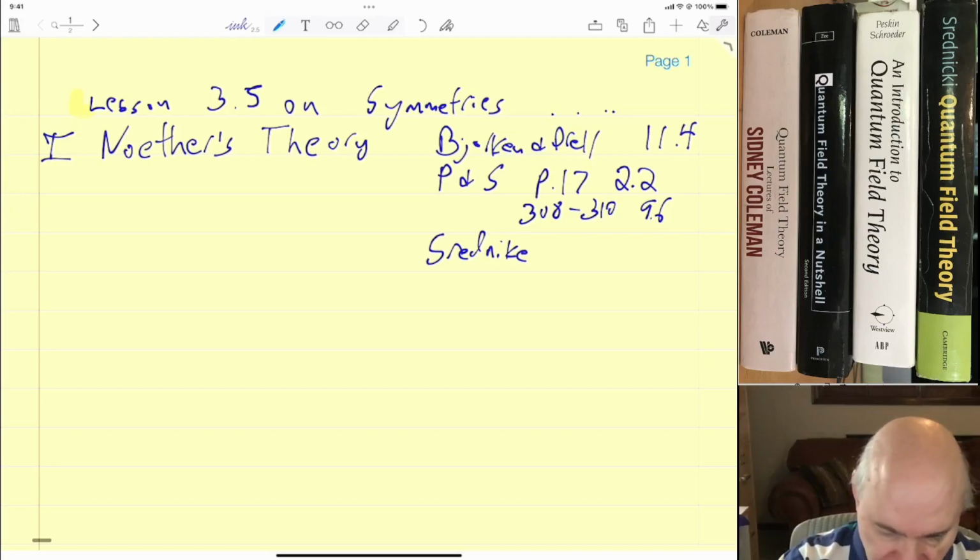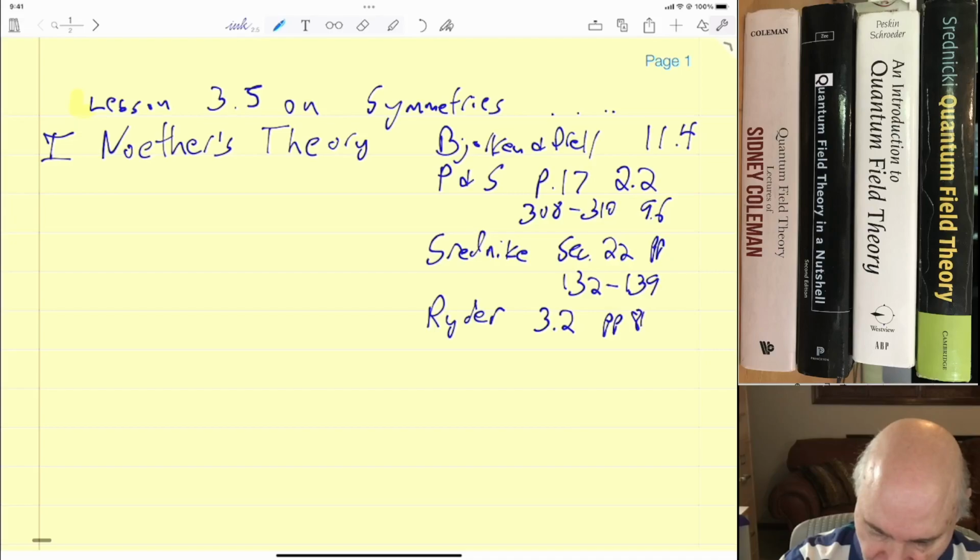So he does it in section 22, pages 132 up to 139. Then there's Ryder. He does it in section 3.2, pages 81 to 91. Then Z, section 1.10, pages 76 to 80.